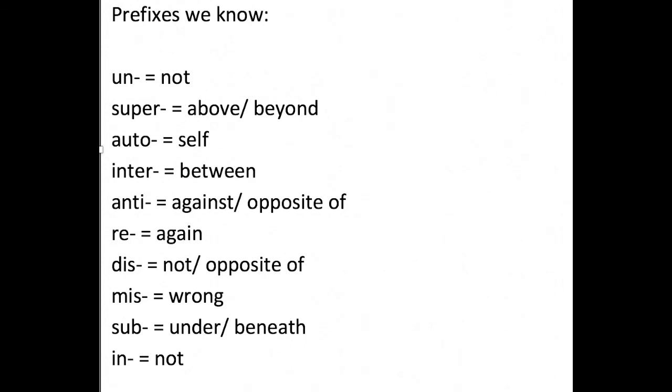So un means not, super means above or beyond, auto means self, inter means between, anti is against or opposite of, re is again, dis is not or opposite of, miss is wrong, sub is under or beneath, and in is not.